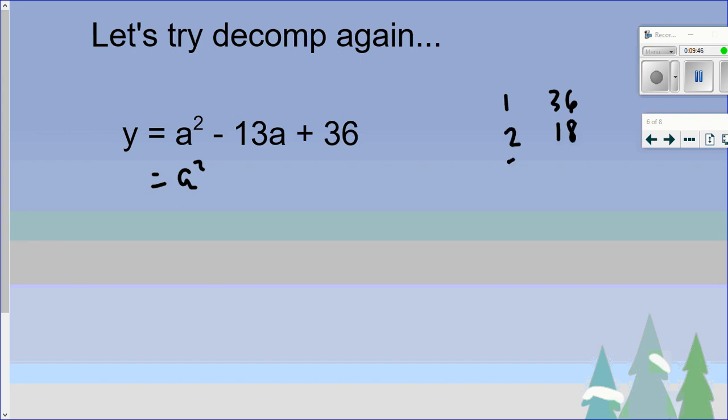And you're looking at all the different numbers that will multiply to get you 36. Once you hit values that will give you the 13, now you can start worrying about signs. A -4 and a -9 will give me a -13, and multiply to give me a +36.